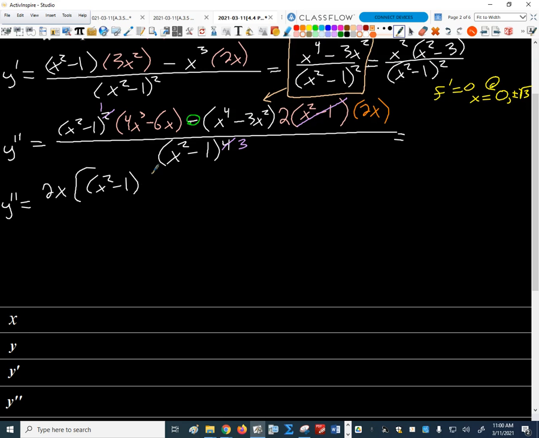Well, 4x cubed divided by 2x would give me a 2x squared, right? Minus 6x divided by 2x, that would just end up with a 2x squared minus 3. Everybody agree? That's what this factor is giving me if I factor out my 2x. Give me a thumbs up so far if that makes sense.